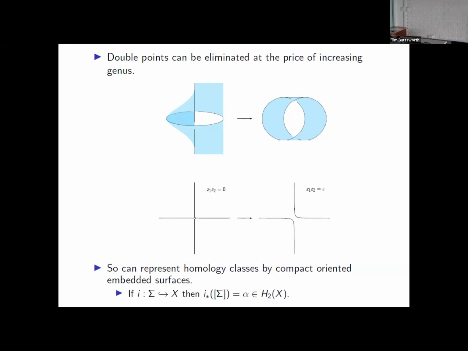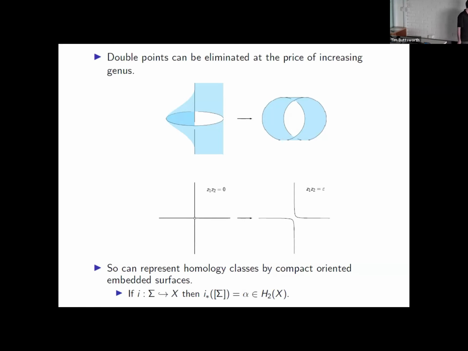So what do we do in this perturbation? This is in the 4-ball bounded by S3. In the perturbation, I'm replacing this sheet by this annular region. So you're sticking in a tube to get rid of the singularity, and you wind up increasing the genus.